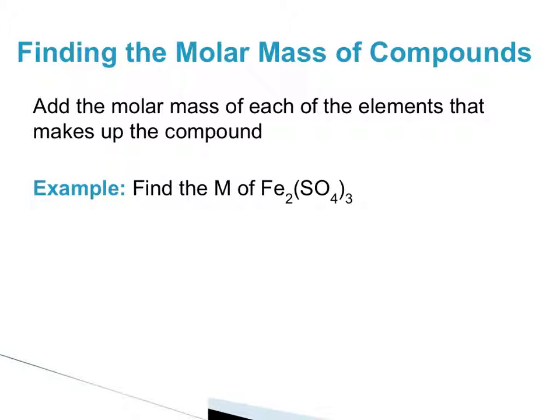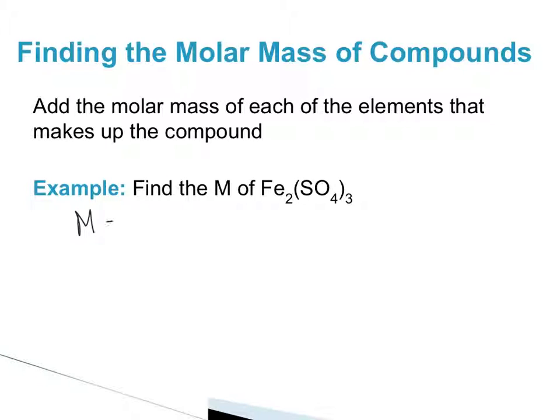We can find the molar mass of compounds simply by adding up the molar mass of each of the elements that makes up the compound. So this is where your counting atoms is going to come into effect here. For example, if we want to find the molar mass of iron 3 sulfate, what we need to do is add up each of the molar masses of each of the individual atoms that make up the compound.